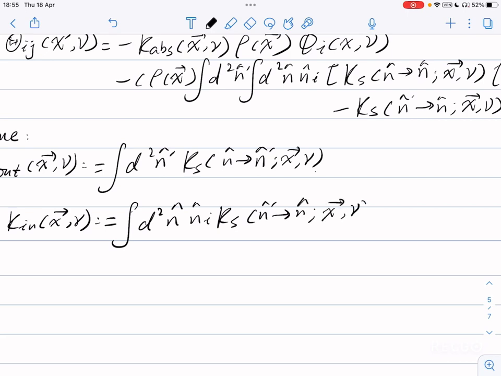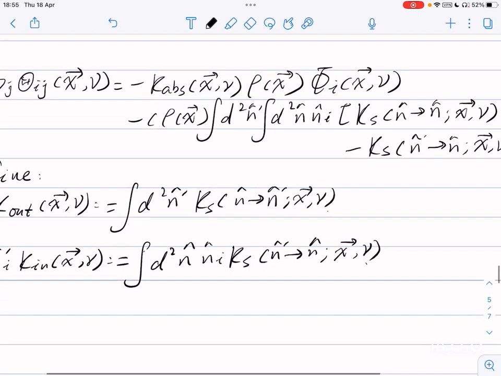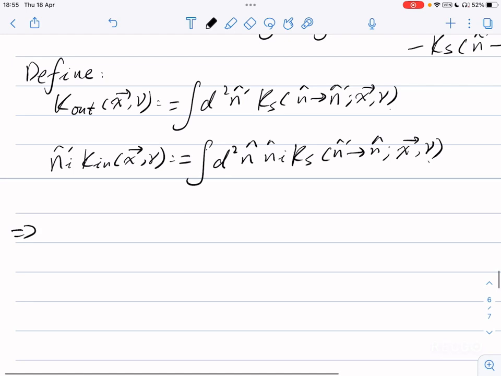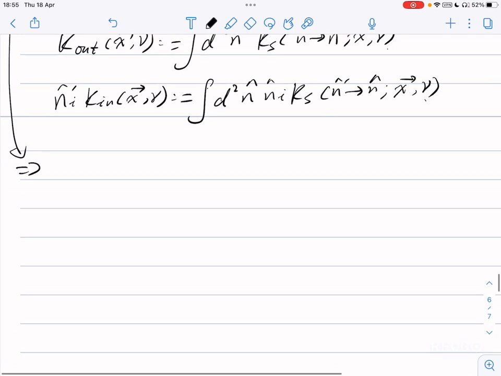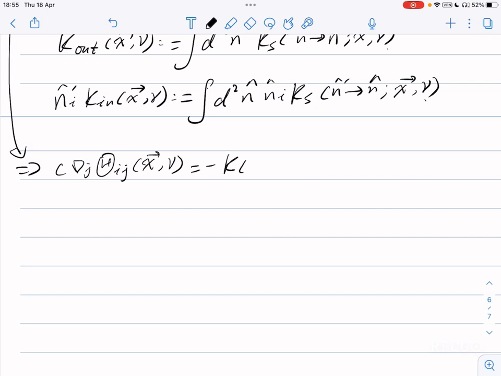With this definition, the above equation can be rewritten as this one, with minus chi times rho and psi_i.